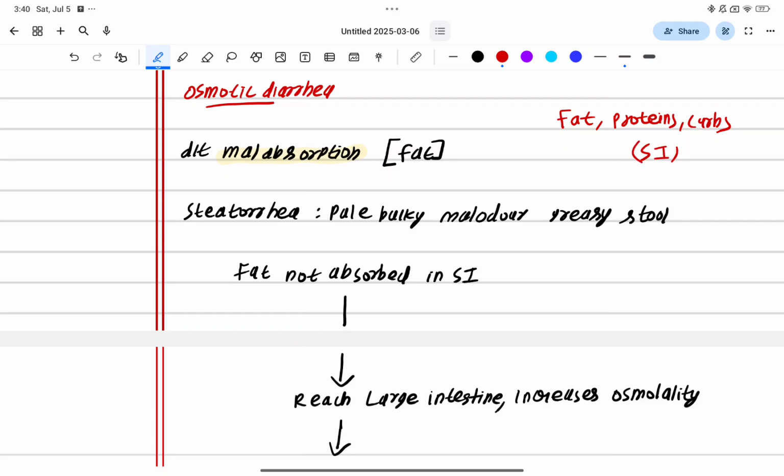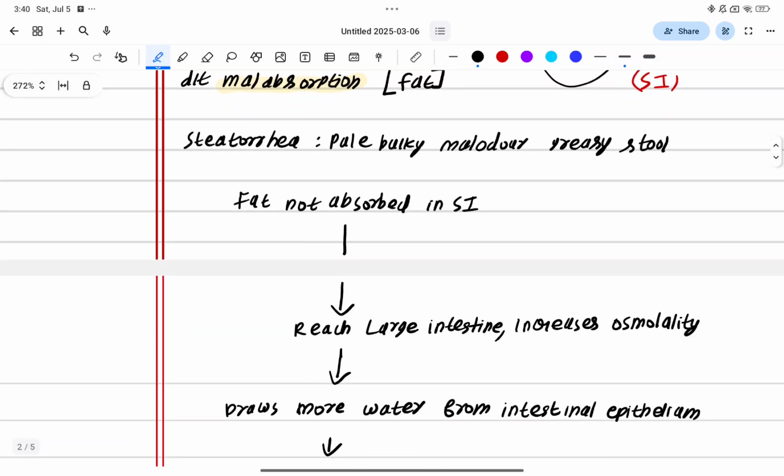The hallmark of malabsorption is fat. So in osmotic diarrhea we are talking about malabsorption of fat, and when fat is not absorbed, it will be present in the stool, and the stool will be pale, bulky, malodorous, and greasy in appearance.